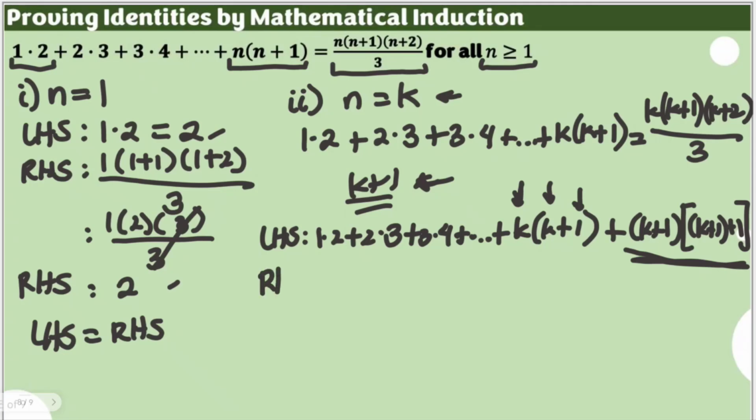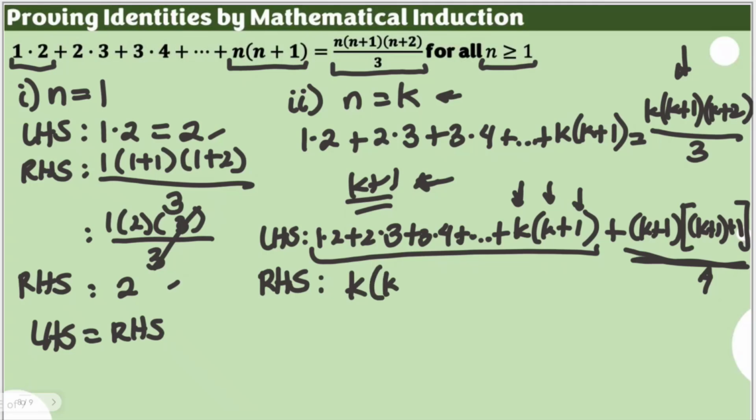Because if we are going to add that to make sure that we still have an identity, we will have to add this on the right-hand side. This was actually this form here. So you will have k times k plus 1 times k plus 2 all over 3. That is again this original form in terms of k.